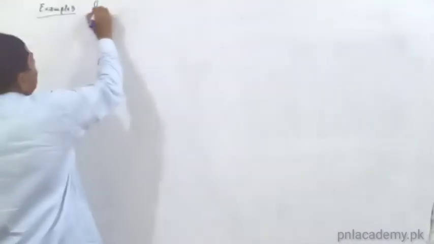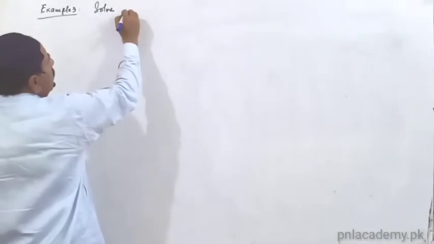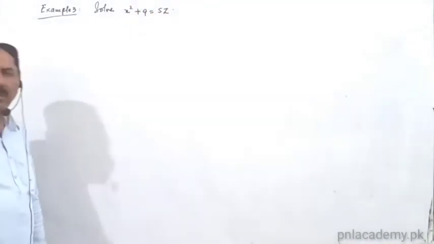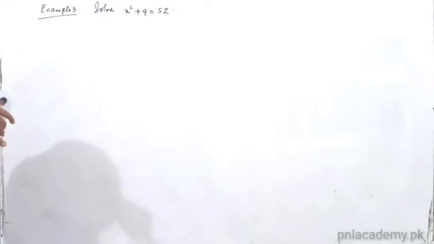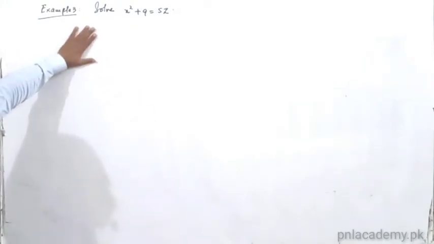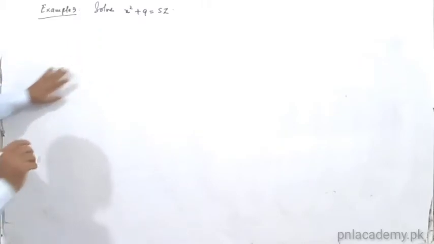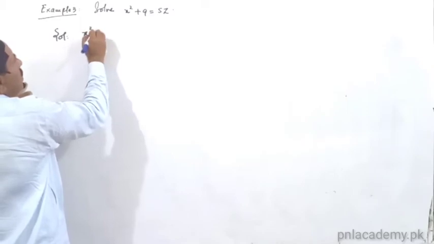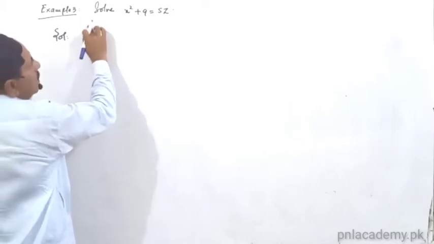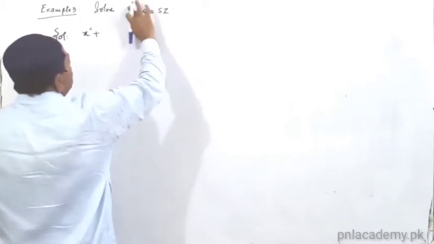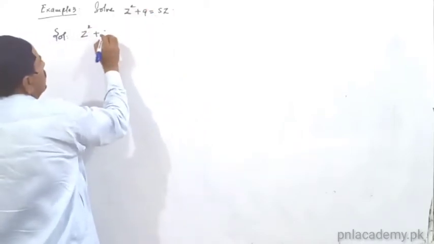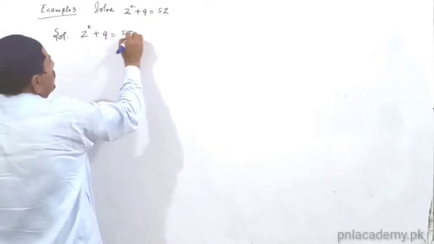Example 3 is solve z square plus 9 is equal to 5z. First of all, it's our assignment to write the equation according to its standard form. Solution: z square plus 9 is equal to 5z.